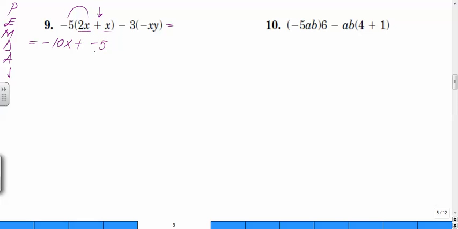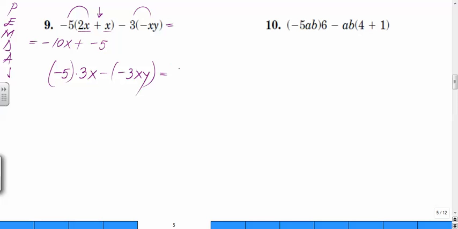Which is what? 2x plus x gives you 3x, and then you have negative 5 times 3x minus the other one. If you want, you can go ahead right here and multiply. 3 times negative xy gives you what? Negative 3xy. And then you can simplify it from here.